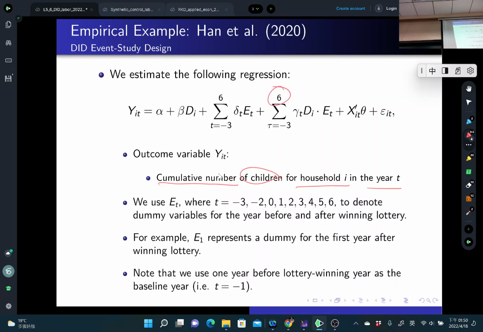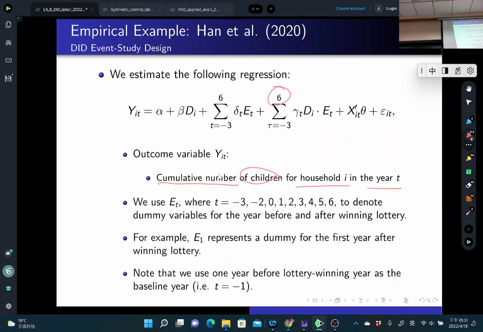So 0 means the lottery winning year, -2 means 2 years before the winning year, -3 is 3 years before. And also we create a dummy for 1 year after the winning year, 2 years after, until 6 years. Okay. So ET represents a set of dummies, one for each year.